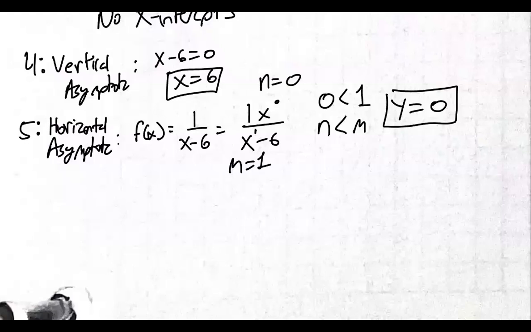If n is 0 over m, then the asymptote is at 0, because that's how that works. When n is greater than m, then the asymptote's at 0. But this one's less than. N is less than m.